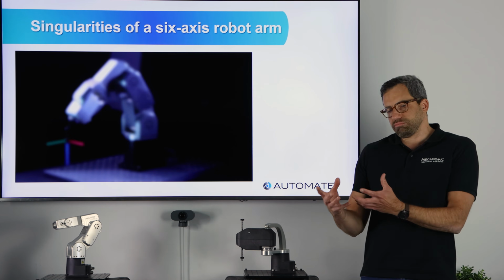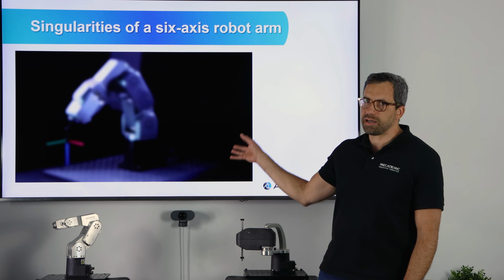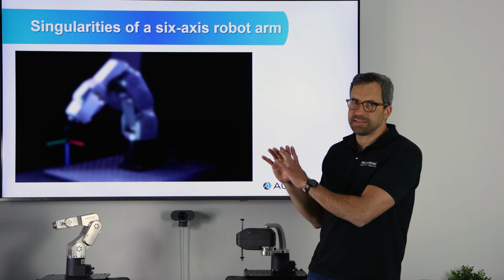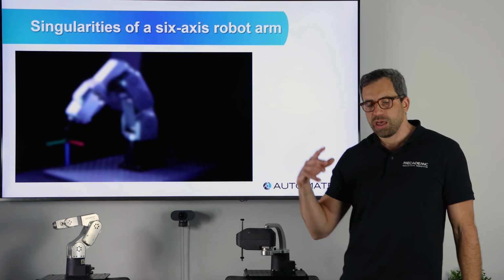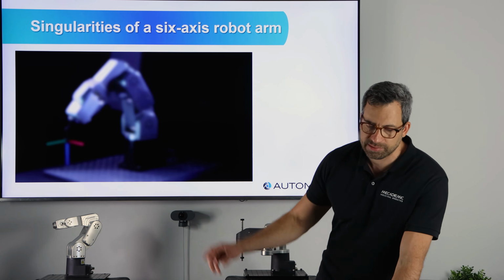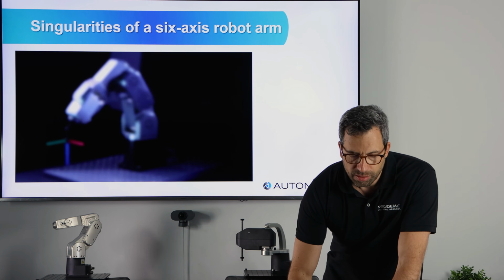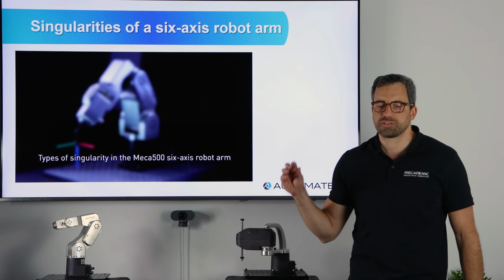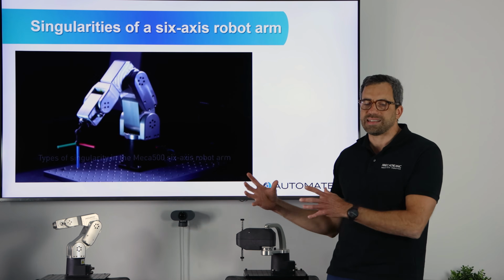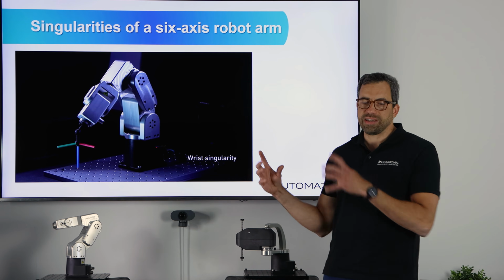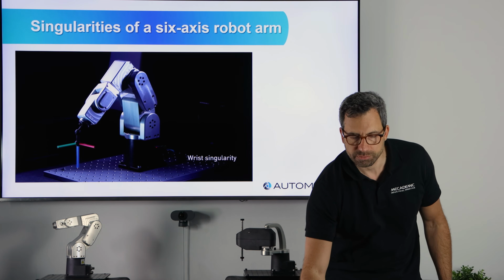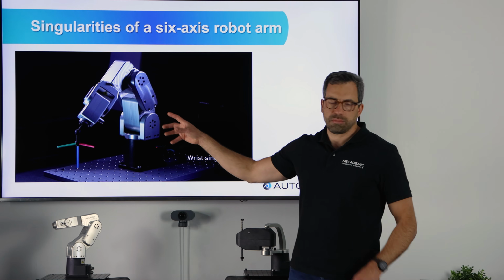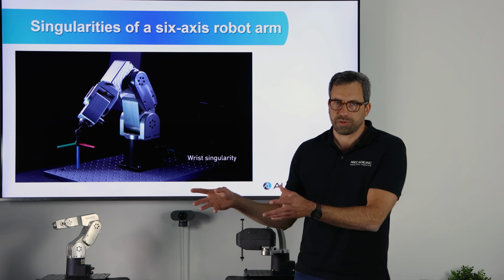So here is a demo of the singularities of the Mecha 500, but again, these are exactly the same singularities for almost any standard 6-axis robot arm. So we start with the first motion, which is actually inside a wrist singularity. So this kind of rotation, you don't get it in industry.